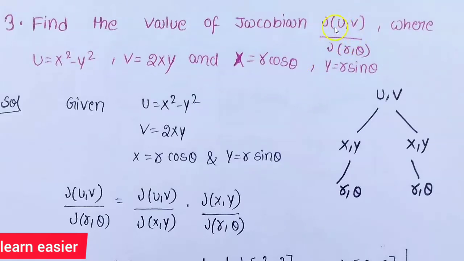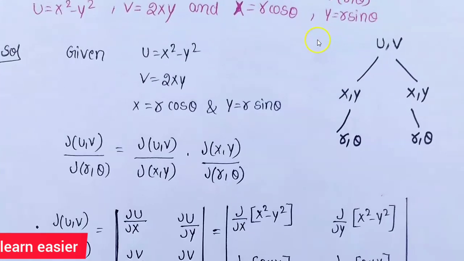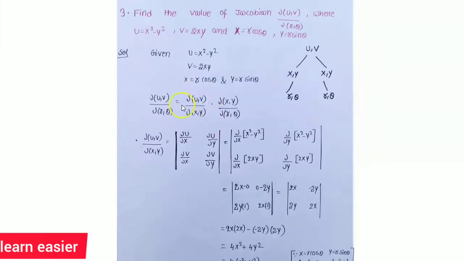So the question asks this Jacobian ∂(u,v)/∂(r,θ), which is ∂(u,v)/∂(x,y) into ∂(x,y)/∂(r,θ). We have to find out the ∂(u,v)/∂(x,y), and then ∂(x,y)/∂(r,θ).